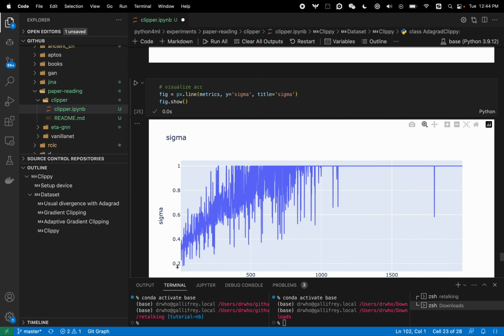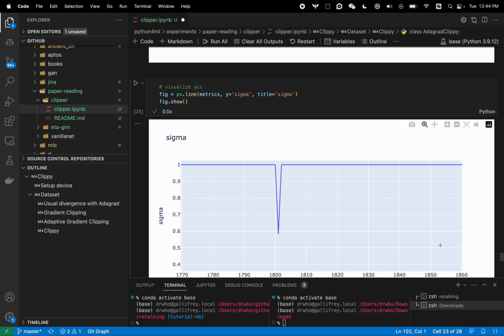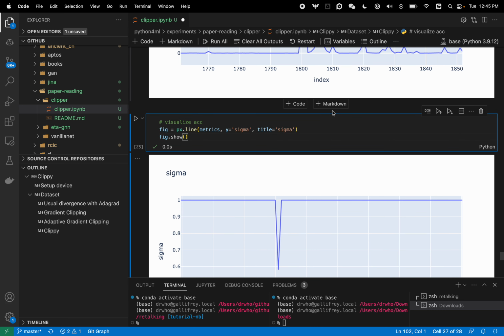For this sigma, you can see it's hitting the roof here, but when an event like this one at step 1800 happens, it will be triggered and scaled back by that much. It's nothing like what the paper describes, but that's basically the idea.